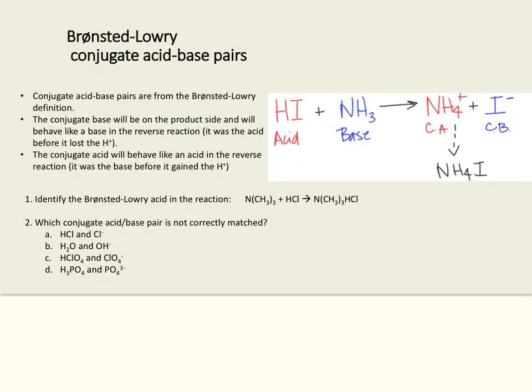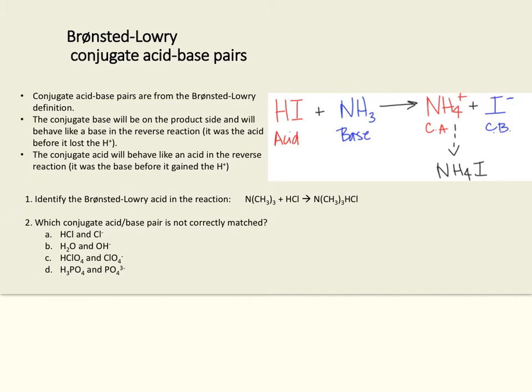All right, so conjugate acid-base pairs. If we look at this reaction, HI is an acid. We should all know that. It starts with an H. NH3 is a base, and it's a base because if we look at this reaction, HI can donate the H here, which makes this NH4, and it makes this iodide because it would be left alone.